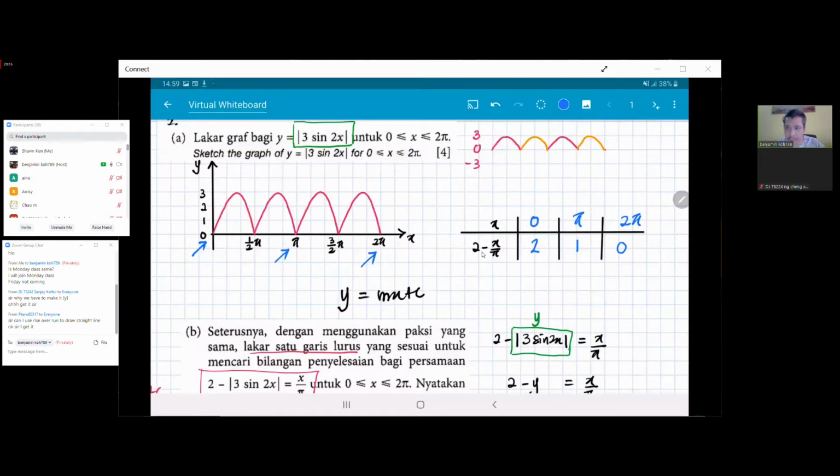So if I draw on the same axis here, you're going to have two graphs: one is the trigo graph, the sine graph, and the other one is the garis lurus on the same axis. So I plot my points first. First one, x is 0, y is 2. So x is 0, y is 2 is over here. Boleh faham tak?